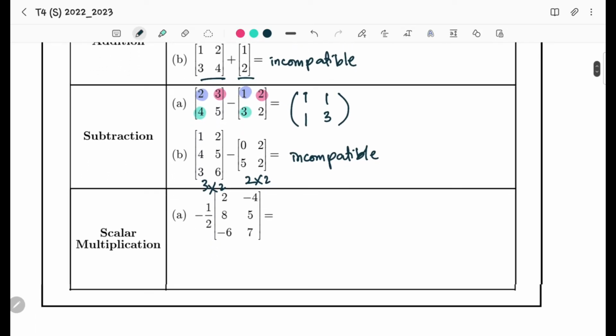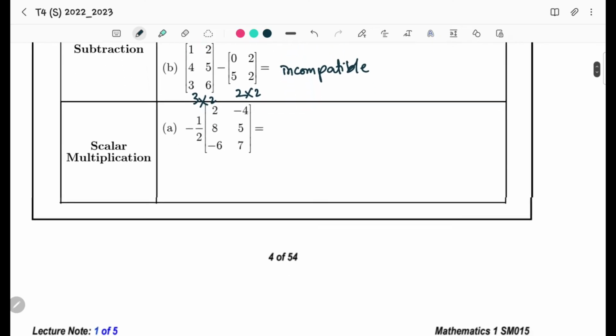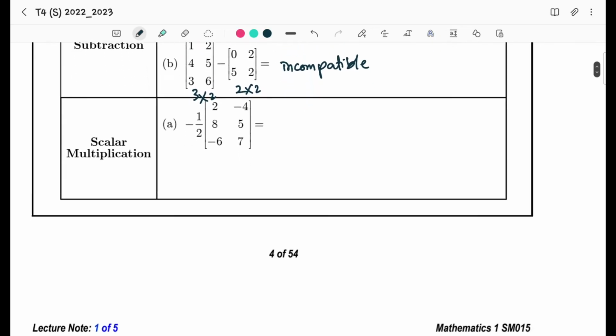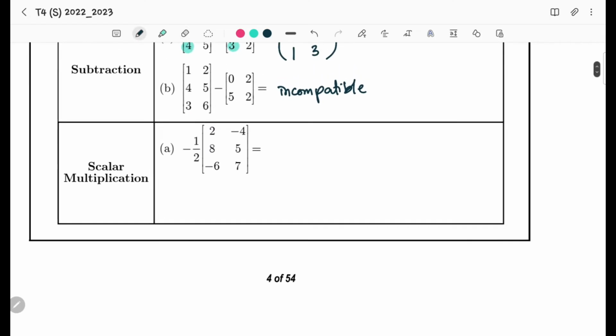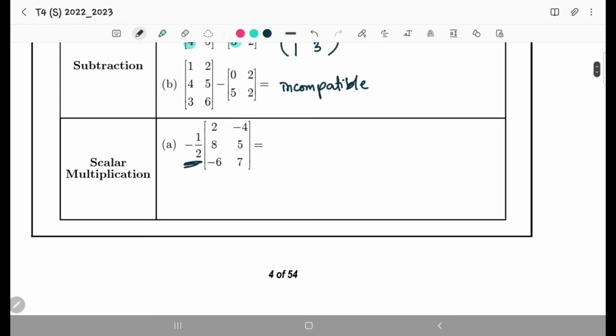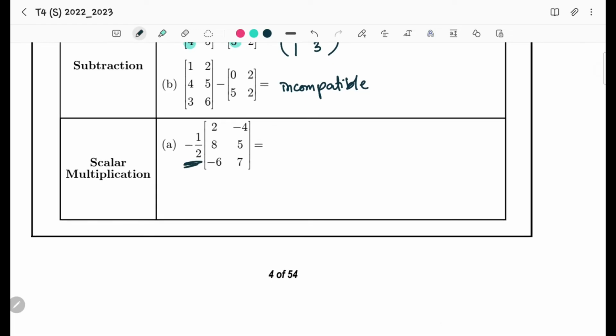Okay, then scalar multiplication. For scalar multiplication, you just need to multiply everything by -1/2 here. Okay, so -1/2 times 2, you get -1.